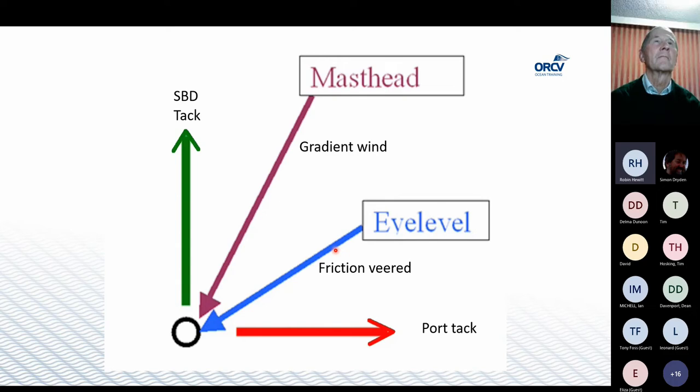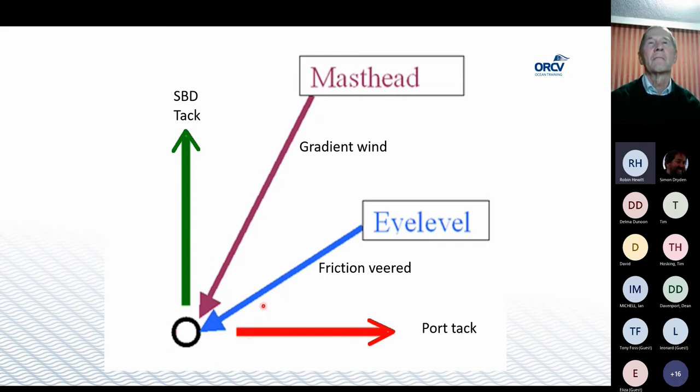If you consider a boat sailing on port tack here, the much more turned wind at the bottom of the sail is very different to what you get at the masthead. So what do you do? You move your jib car forward to close the top of the sail and line up with the wind.